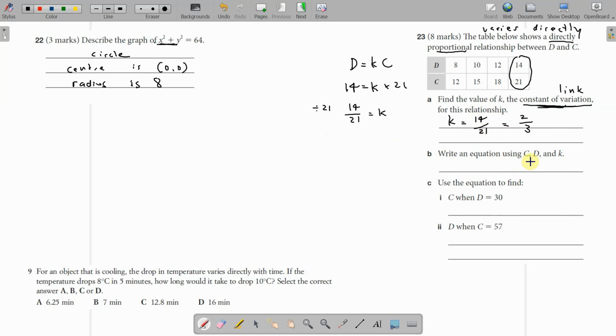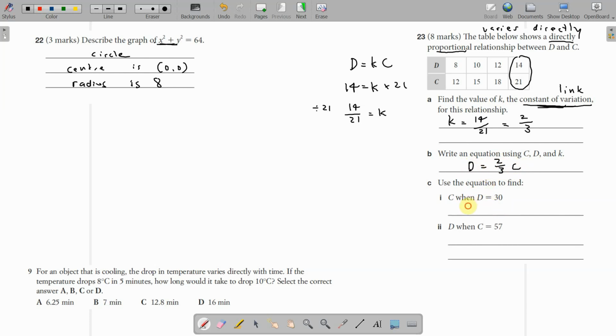Then the equation is this with the k that we now know. So d equals 2/3 c. Okay, there. So then we use the equation to find c when d equals 30.